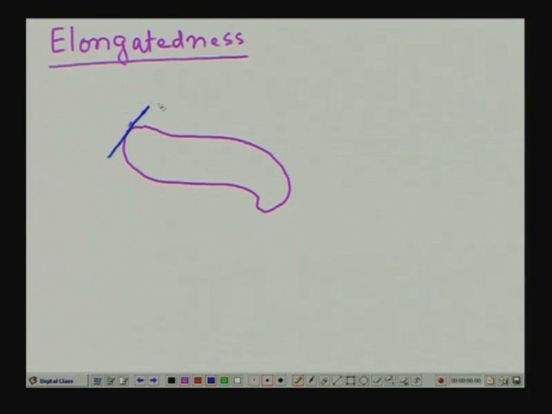So, maybe such a bounding rectangle can be of this form. In this particular case, this shape has not become a proper rectangle because the angles have to be 90 degree. So, I have a bounding rectangle like this, and this bounding rectangle has to be of minimum size. This is what is called minimum bounding rectangle.